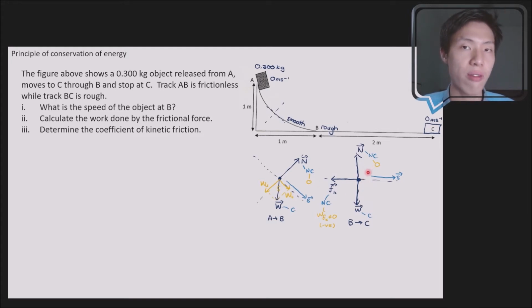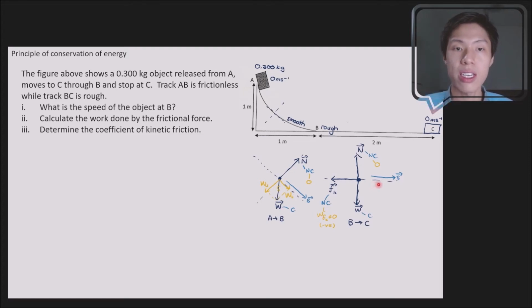So since kinetic friction is the only force doing work on the object, and the work done by kinetic friction will be negative since it's opposite the direction of displacement, thus the total work done for the journey from B to C will be negative.